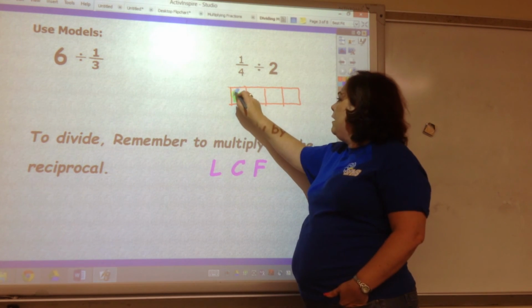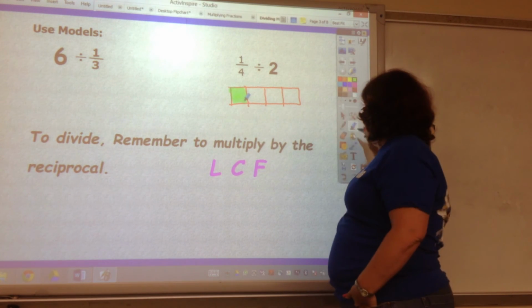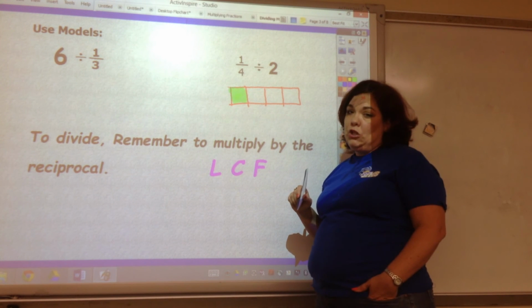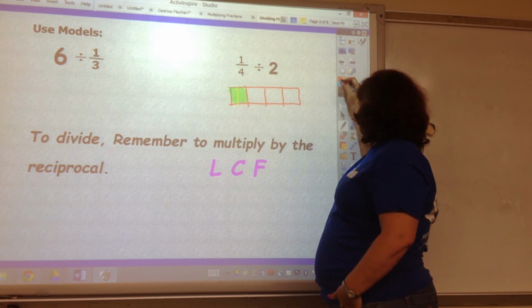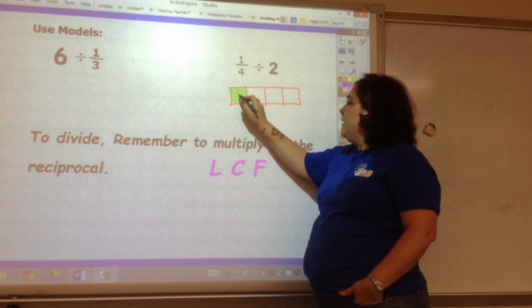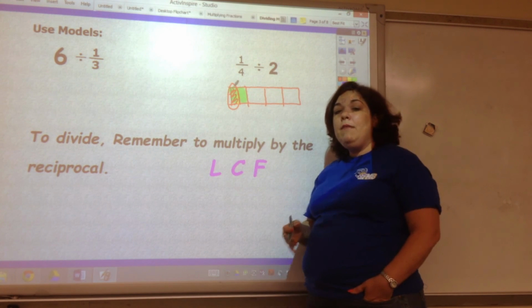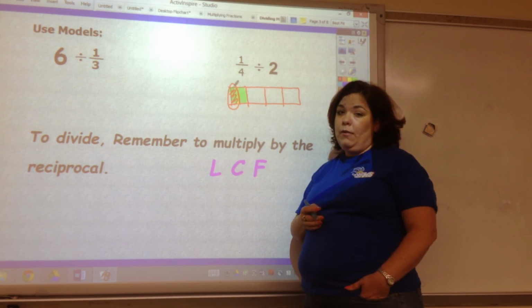So this is all that I'm looking at, this 1/4. So I'm going to take and divide that 1/4 by 2. So I divide that by 2, so now all that I have is this amount. Well, how much is that of the total amount that I started with?